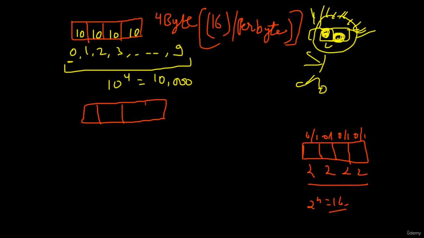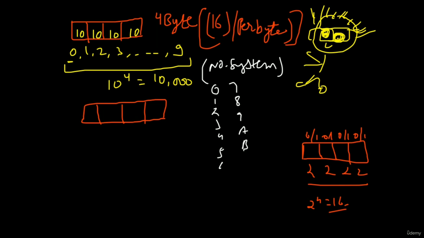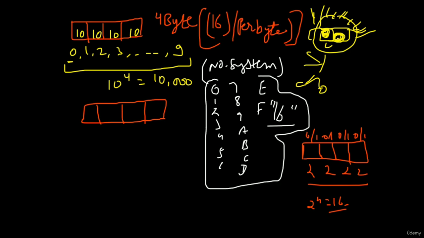So they created another number system called the hexadecimal number system, which starts from 0, 1, 2, 3, 4, 5, 6, 7, 8, 9, A, B, C, D, E, F, and these are the 16 numbers. So it can possibly have 16 possible combinations.